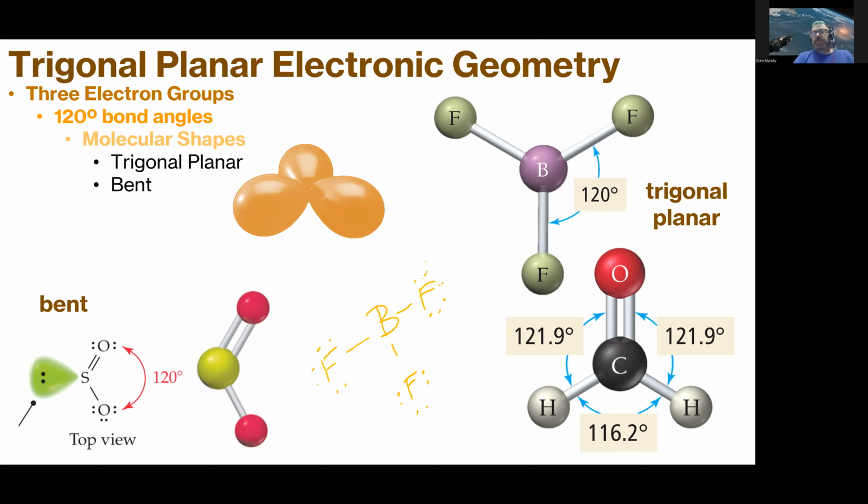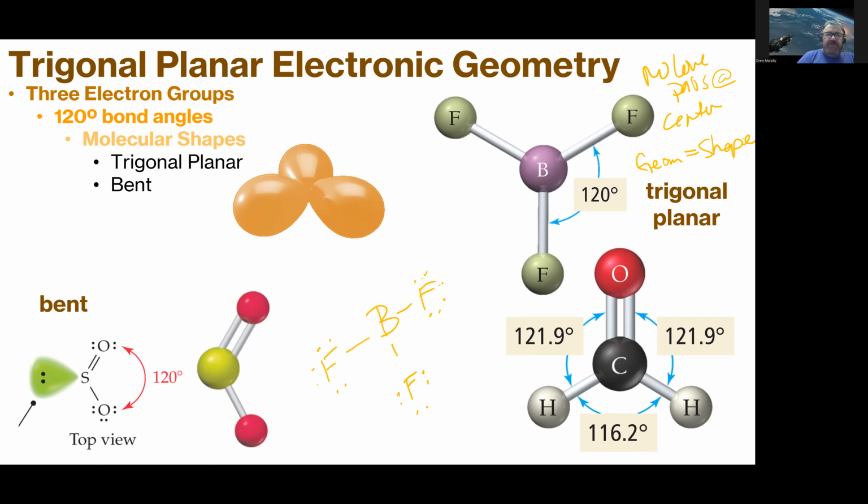It's also trigonal planar shape because there's no lone pairs. So remember, if there's no lone pairs at the center, then your geometry is equal to your shape, and they're called the same thing. The geometry is trigonal planar and the shape is trigonal planar.